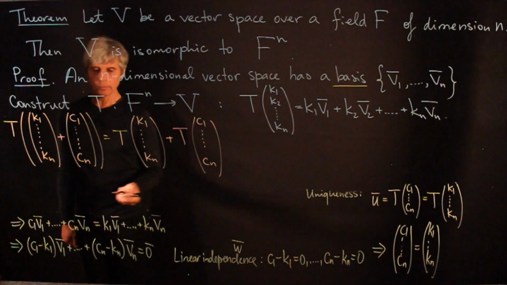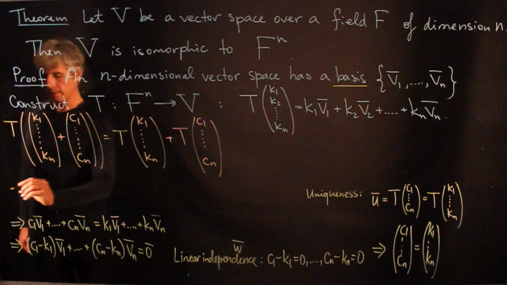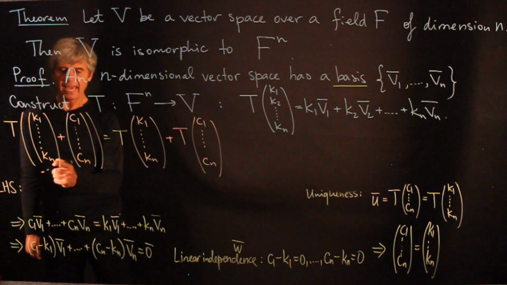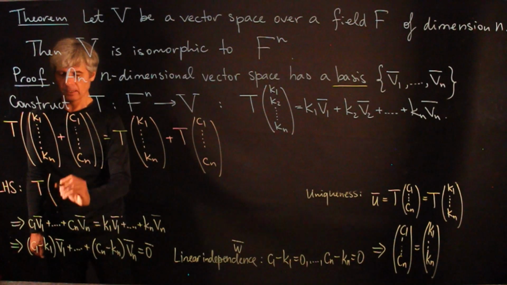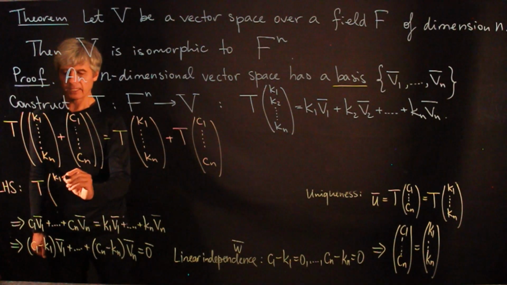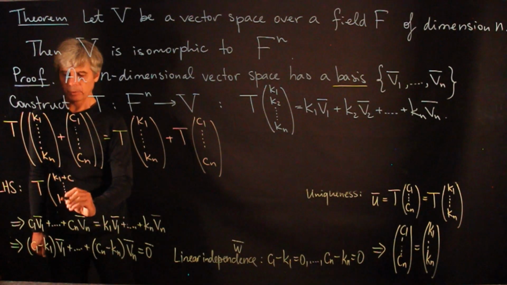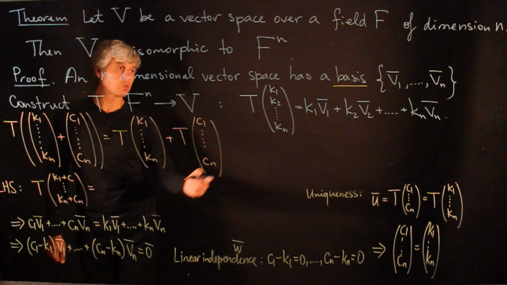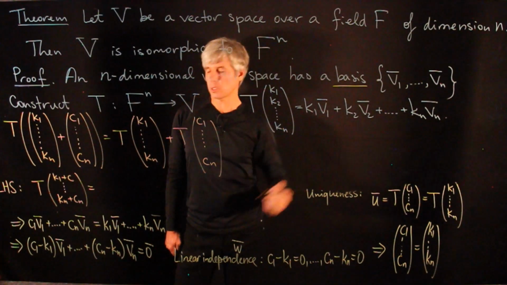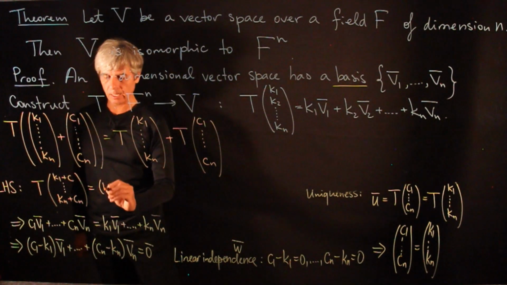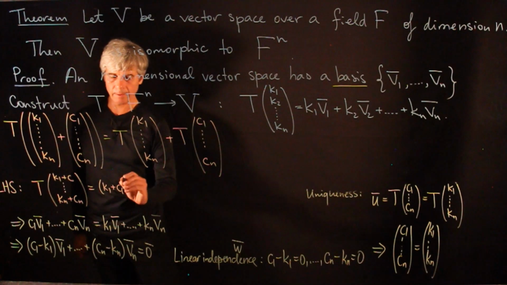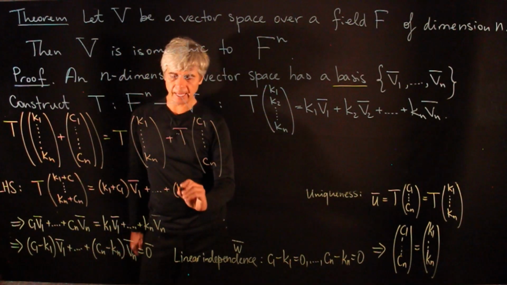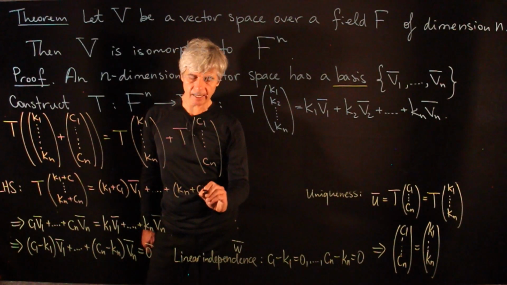And again, we compute the left-hand side and the right-hand side. For the left-hand side, if we add these two, we get T of K1 plus C1 up to Kn plus Cn. And so this gets transformed into the linear combination (K1 plus C1) V1 plus ... (Kn plus Cn) Vn.